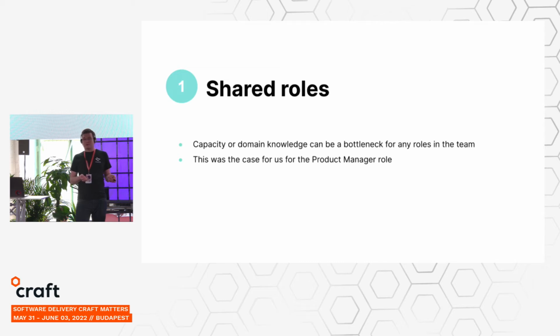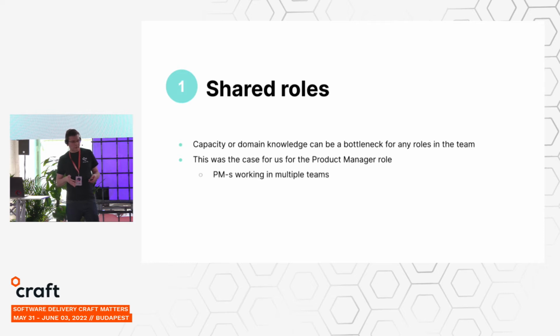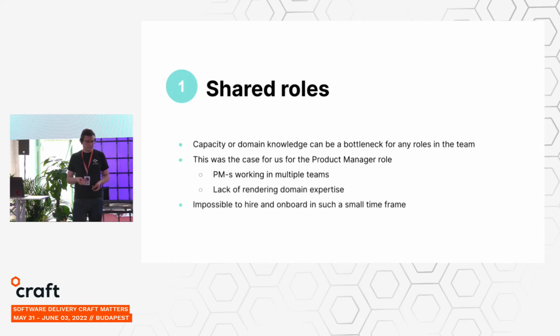So for us, this was the case for a product manager role. A product manager is a very important role because that person has a very fundamental insight and the direction setting for the whole project. In Shapr, we had several PMs, but they have been working on multiple projects in multiple teams, and they really didn't have the rendering expertise.